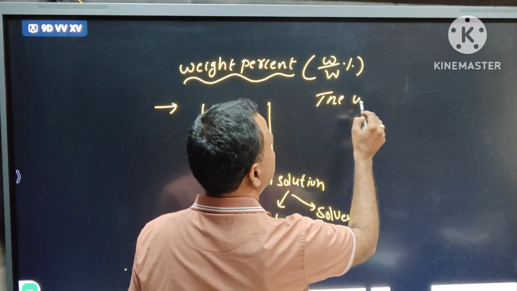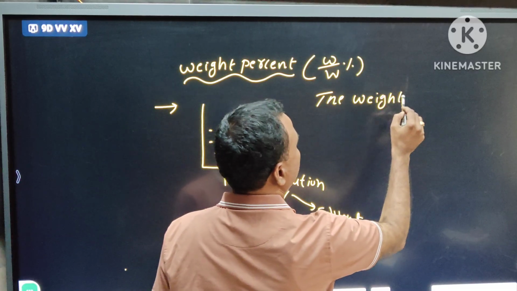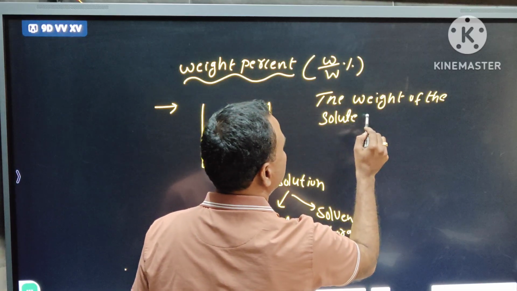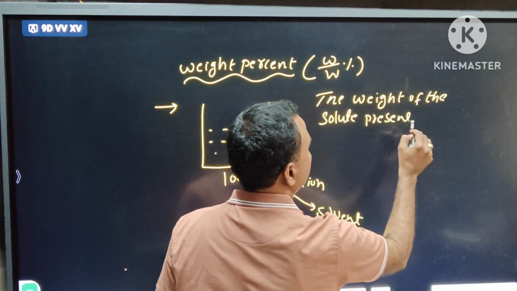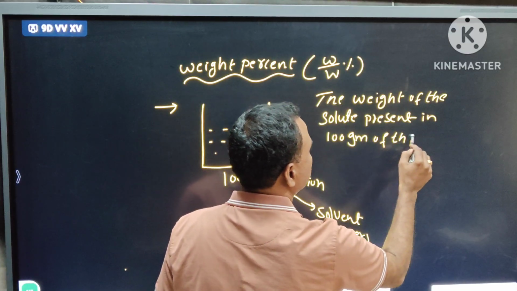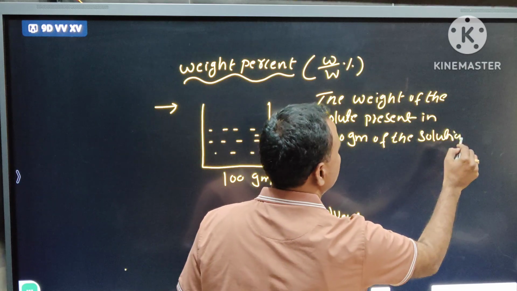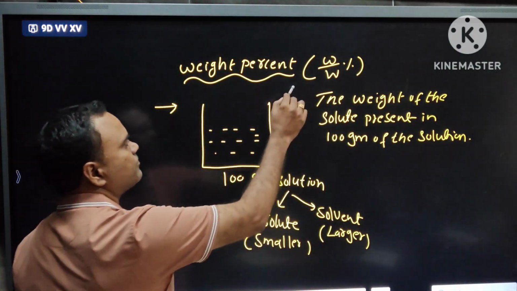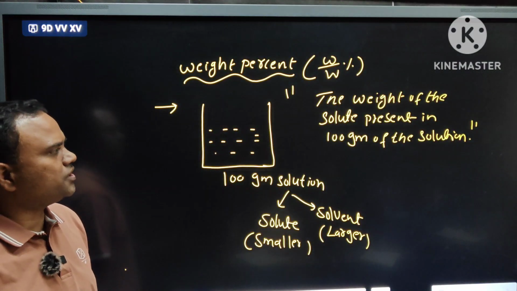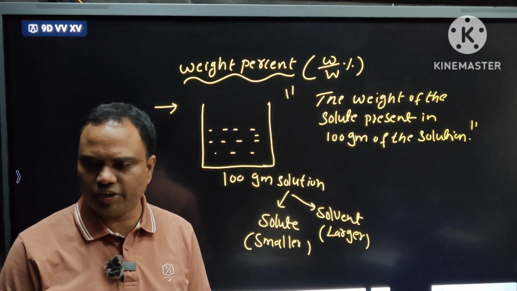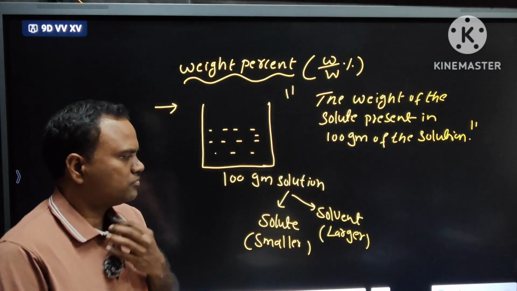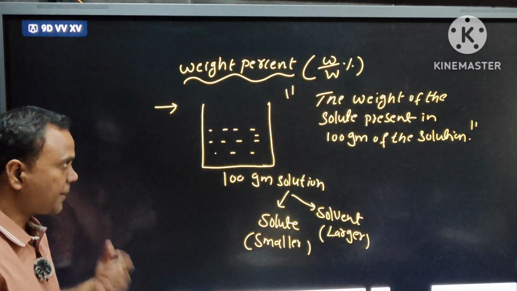The weight of the solute present in 100 grams of the solution is called weight percent.